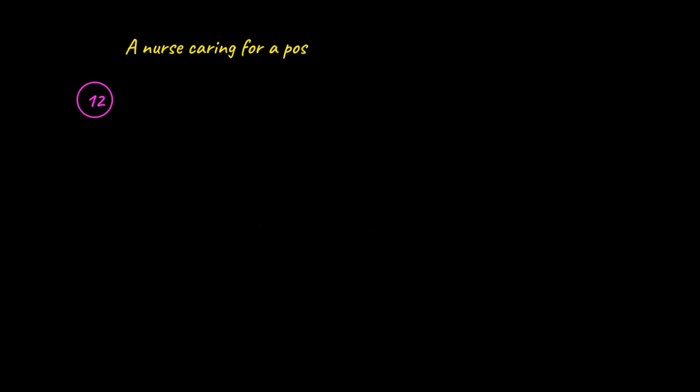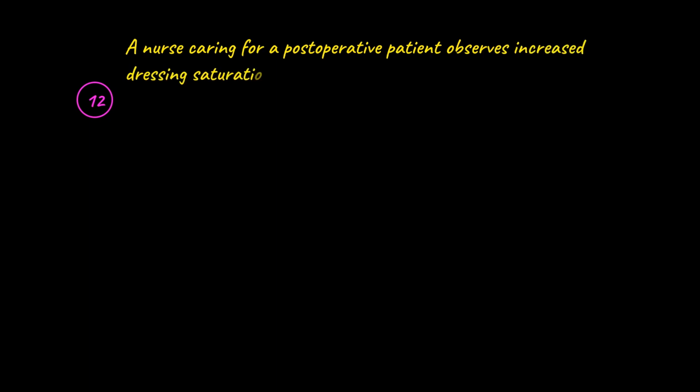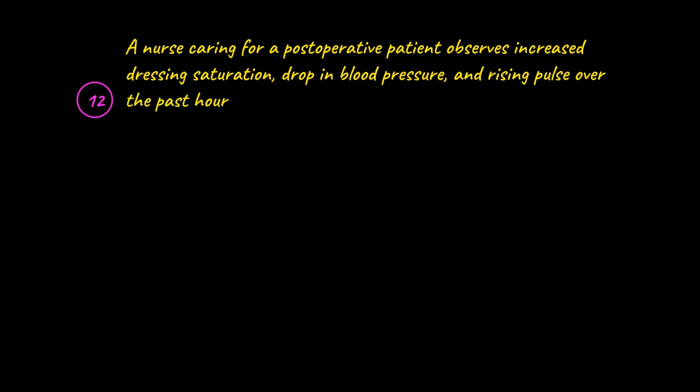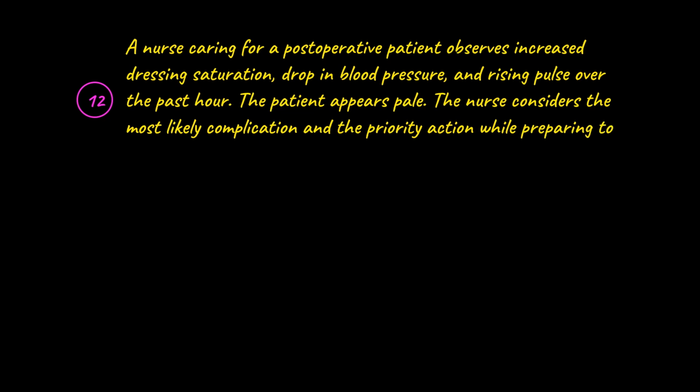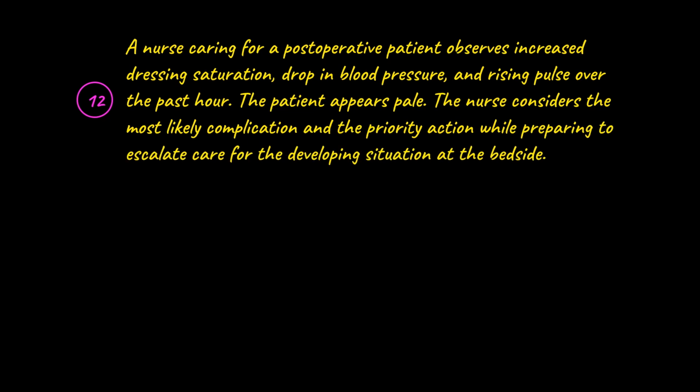Question 12. A nurse caring for a post-operative patient observes increased dressing saturation, drop in blood pressure, and rising pulse over the past hour. The patient appears pale. The nurse considers the most likely complication, and the priority action while preparing to escalate care for the developing situation at the bedside.